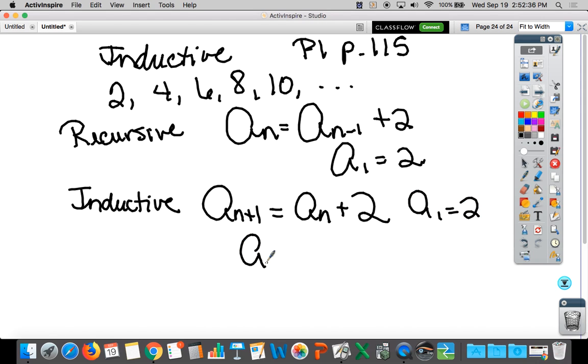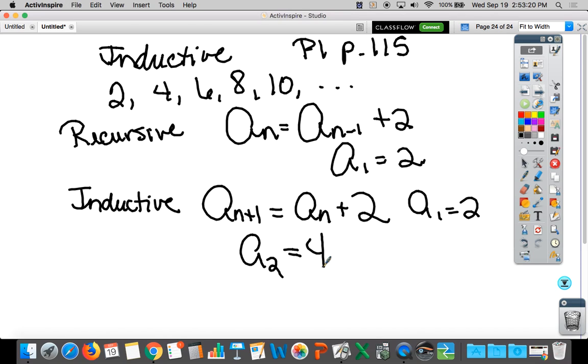So if I ask for a sub 2, this is the only one that's got one number, a sub 1. That becomes your starting point, right? That 1 is your n. So what does 1 plus 1 make? 2. So then you take your a sub 1, which is 2, and add 2, which becomes 4.